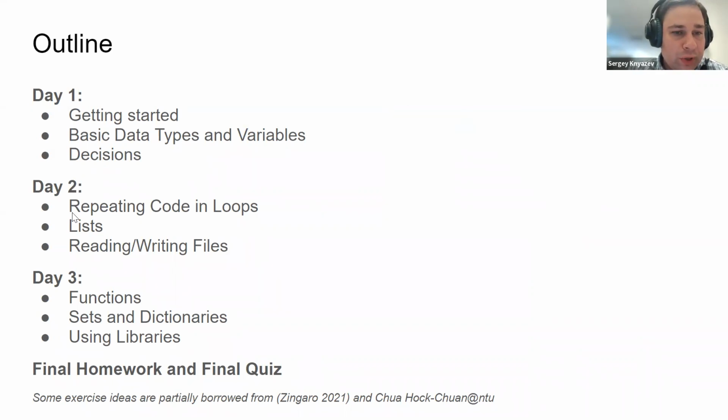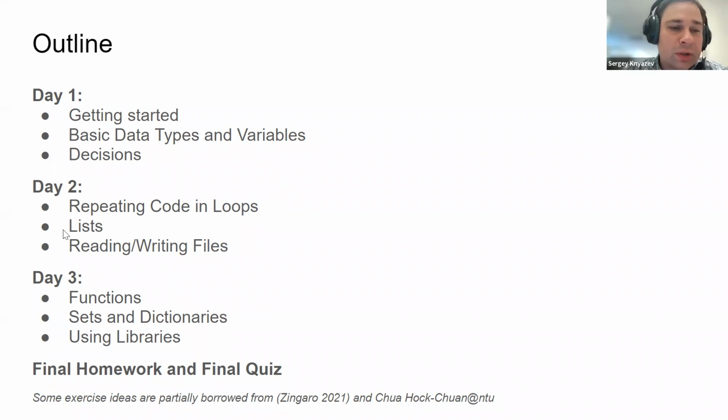So on day two, we have three main topics that we are going to cover. First is repeating code in loops, which allows us to optimize some repetitive tasks, like working with files line by line or asking the user for some input several times.